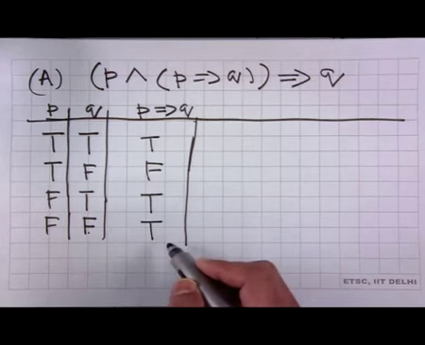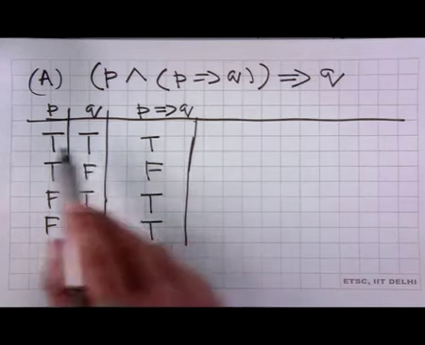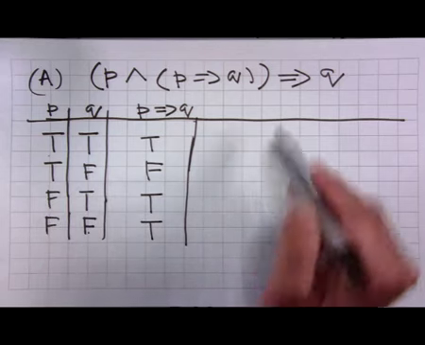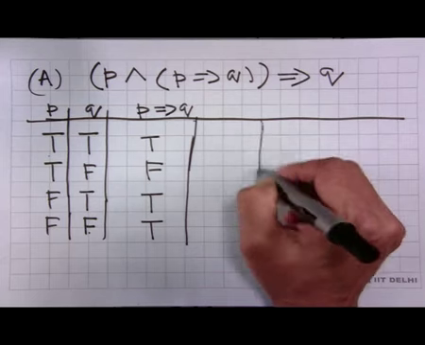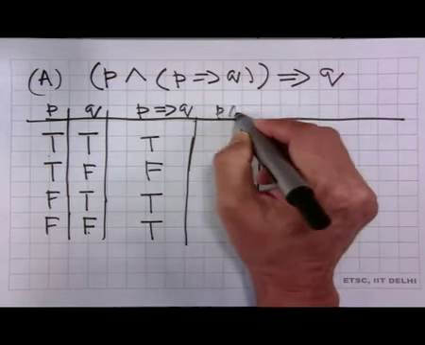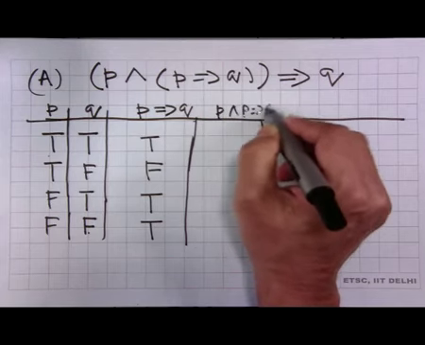So, P implies Q has the truth value corresponding to the different combinations of values for P and Q. Therefore, what is P and (P implies Q)?